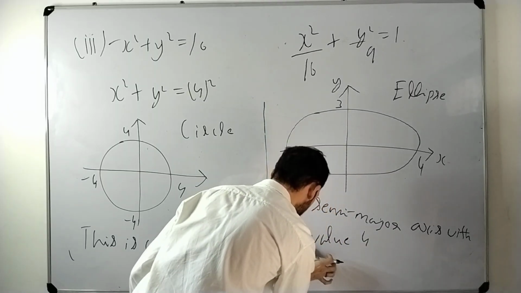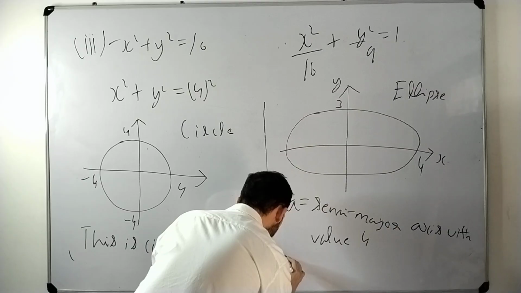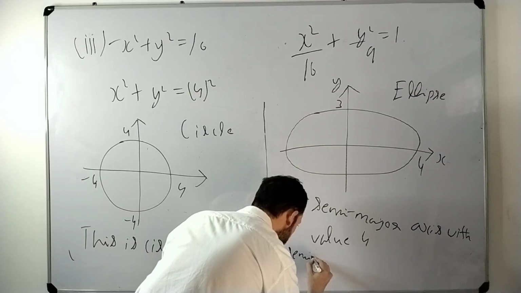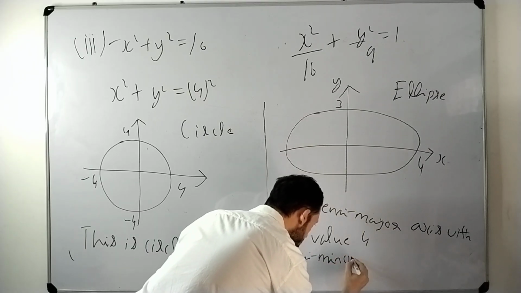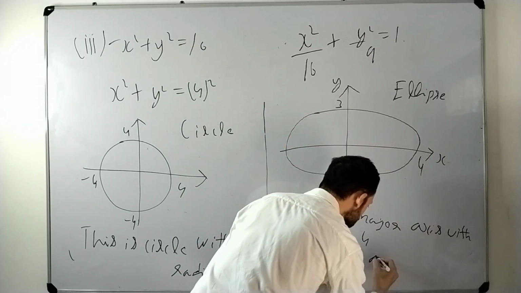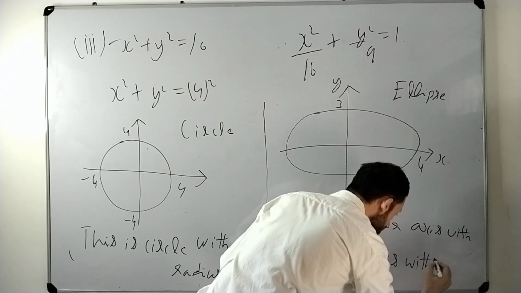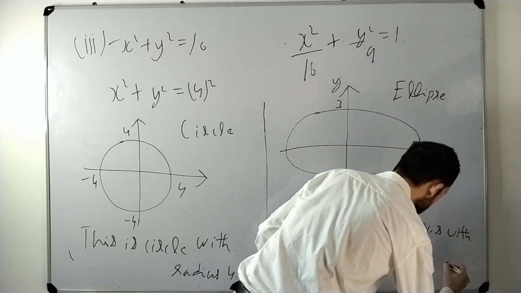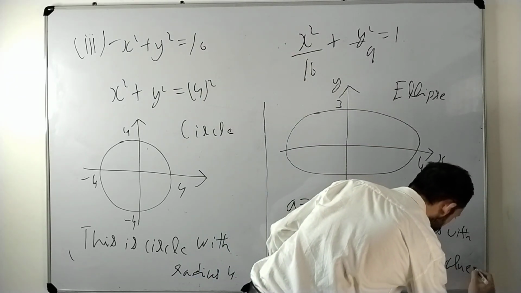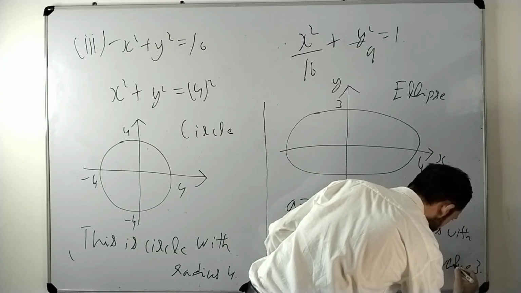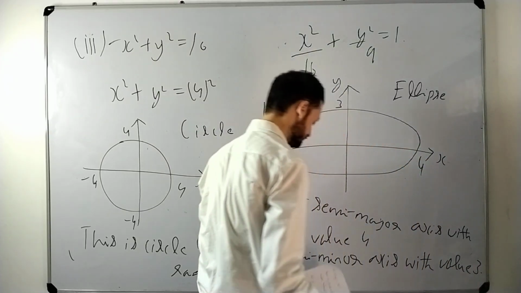B is what? Semi-minor axis, with value 3. Yes, students, very nice.